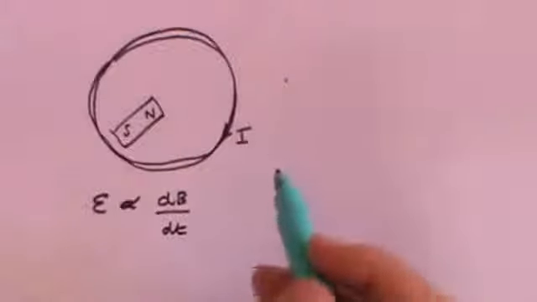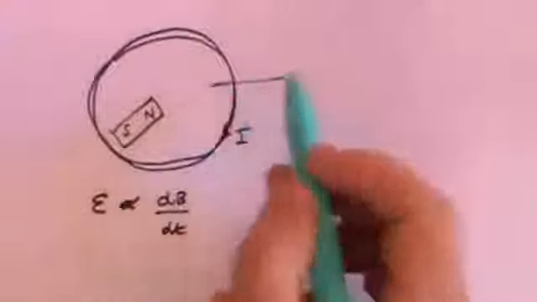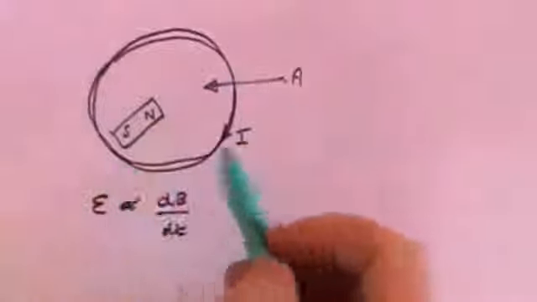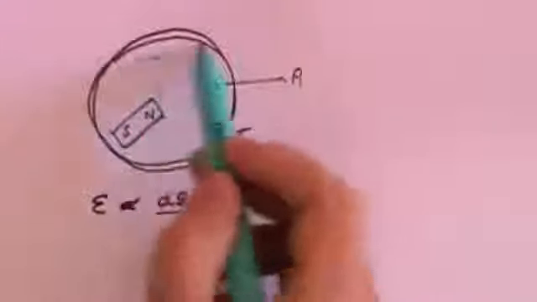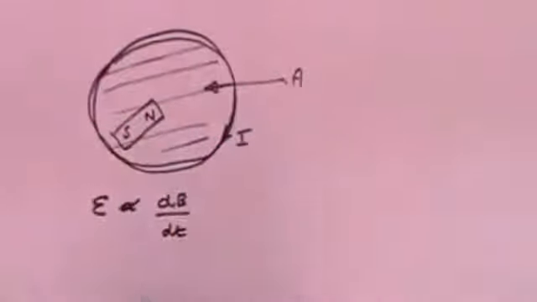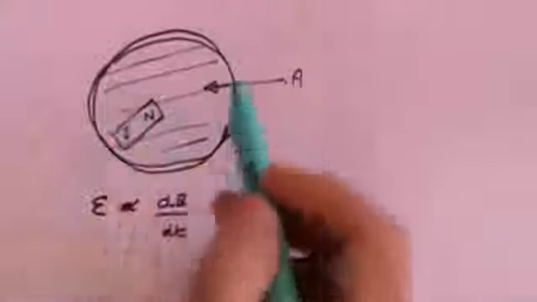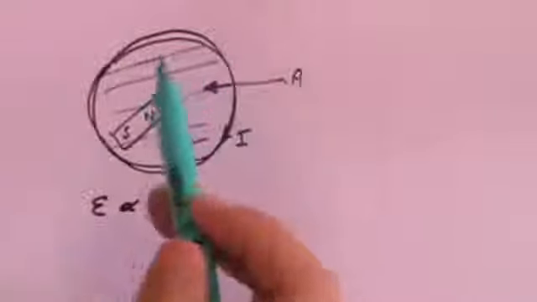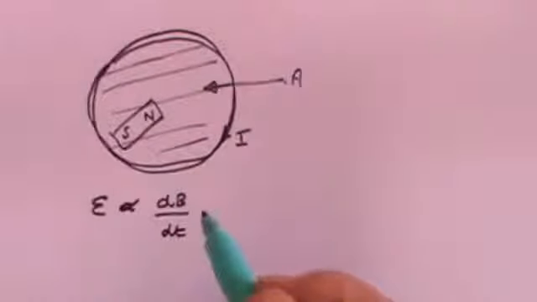By experiment, you can also find that the EMF is proportional to the area of the surface, that is, the open surface which is surrounded by the current loop.